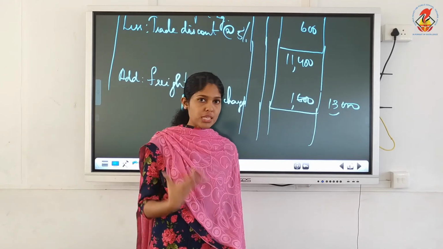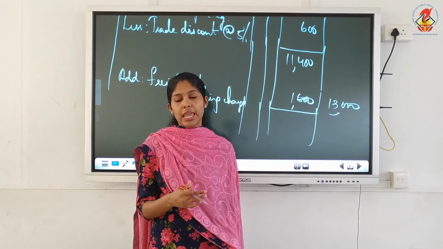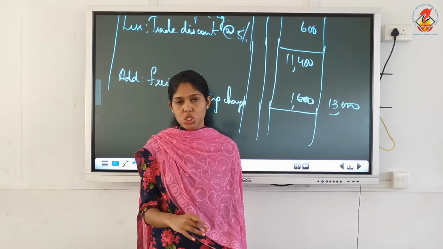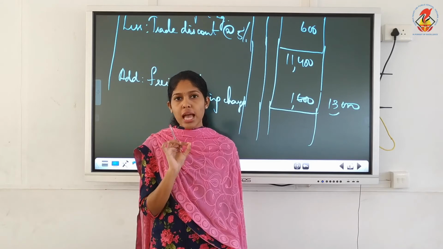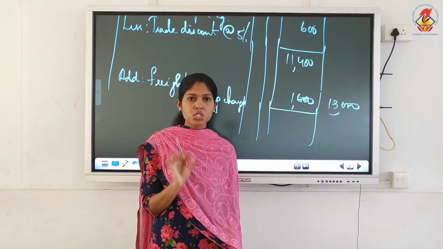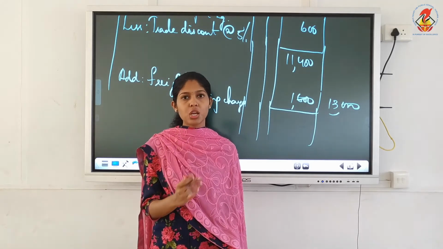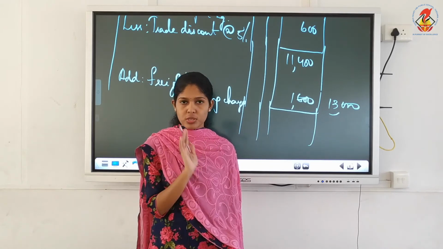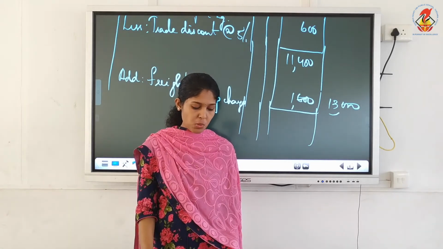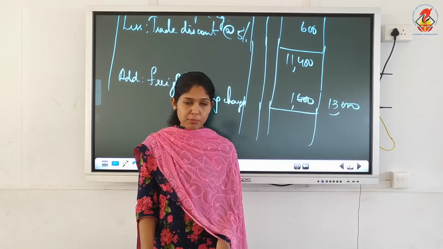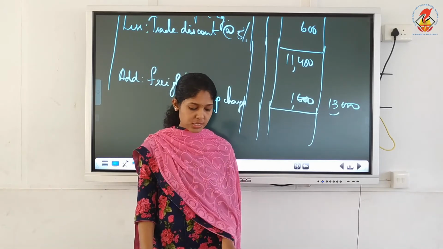Though the customer's name is mentioned, along with that they have said it is for cash. That means you have to consider it as a cash transaction. It should not be recorded in this book, sales book. So it's a cash transaction. So that particular transaction you can't record it, exclude it.